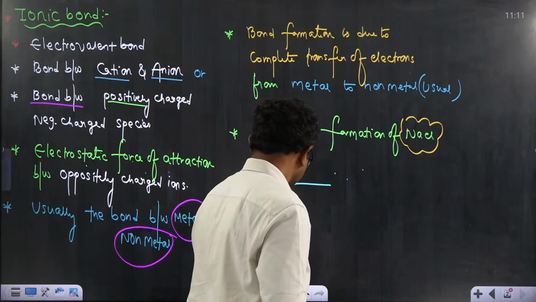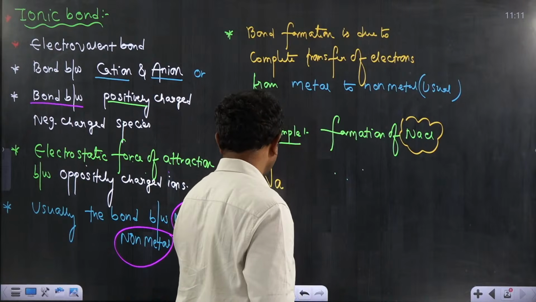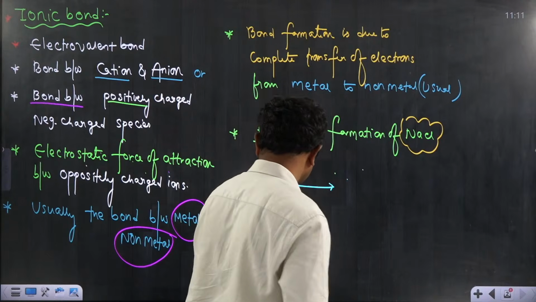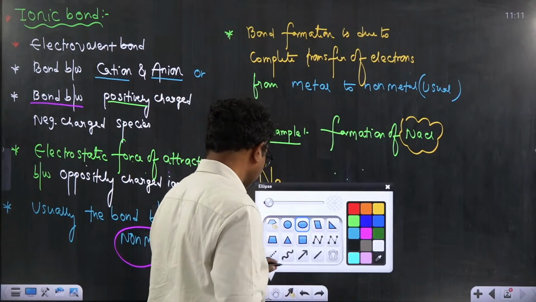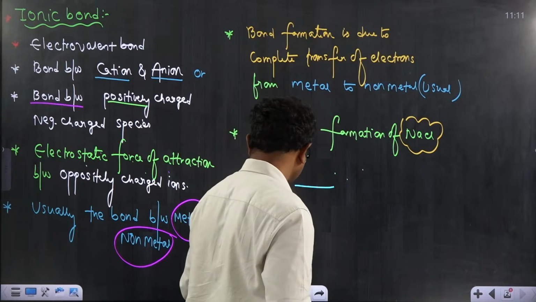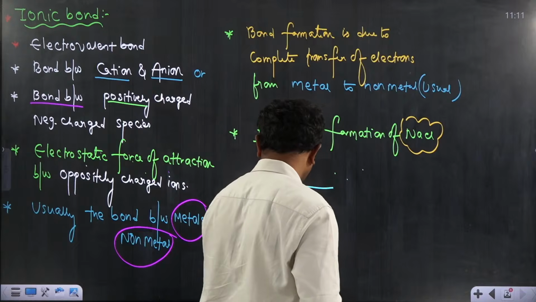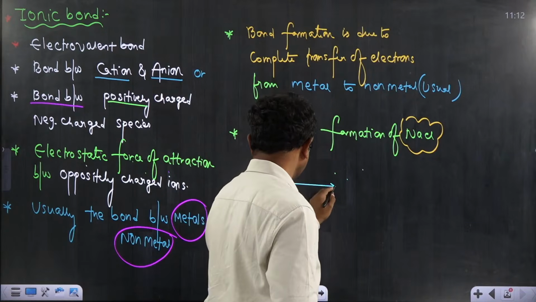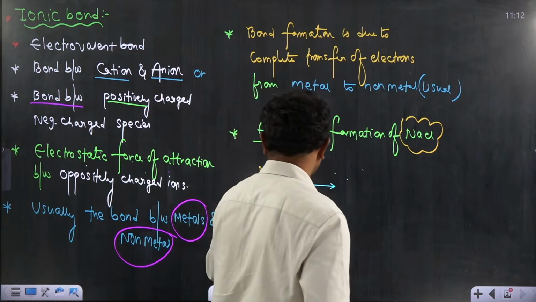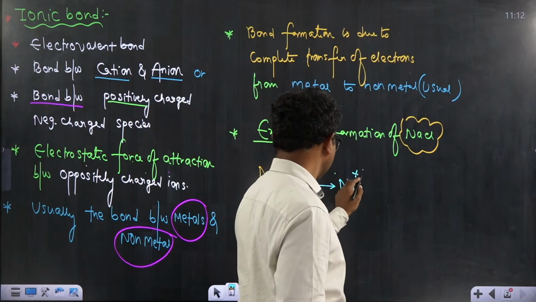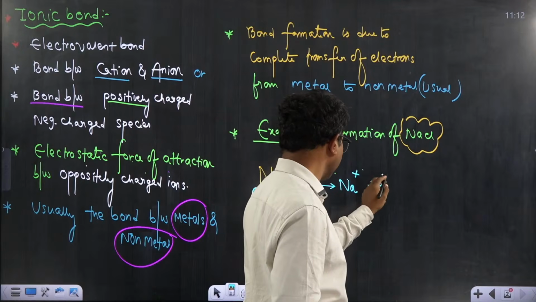Now, since sodium is a metal, we know very well metals have electropositive nature. Metals usually prefer to lose electrons; that property is called electropositive nature. Sodium loses an electron and forms Na+.